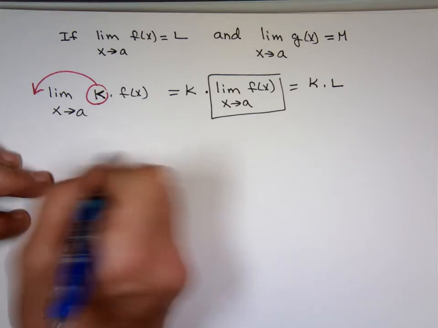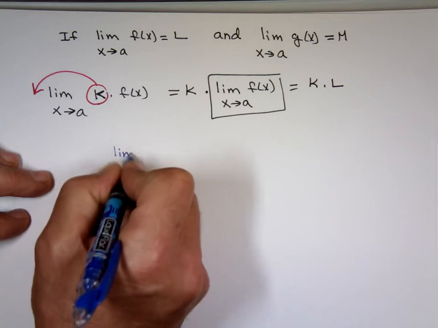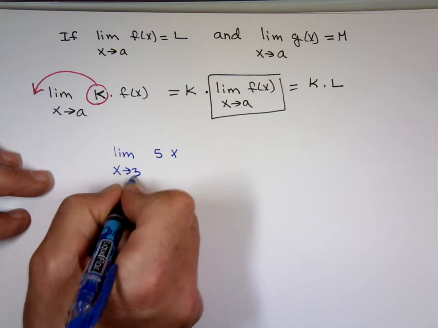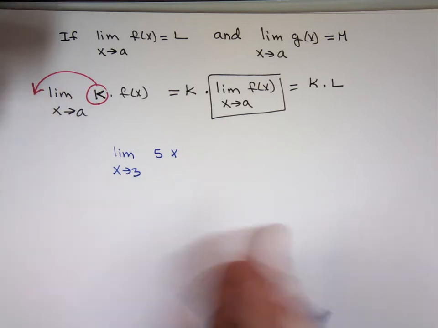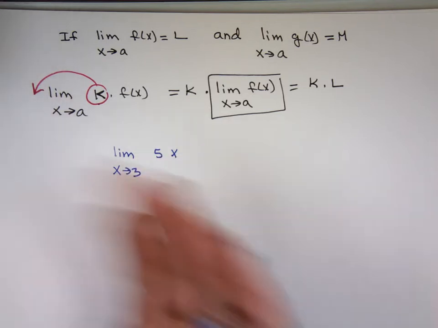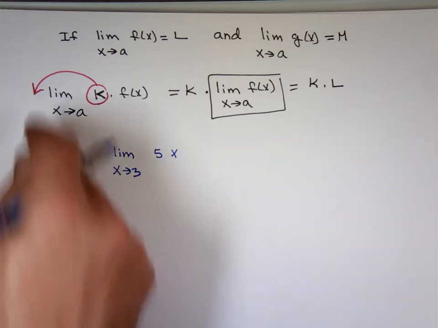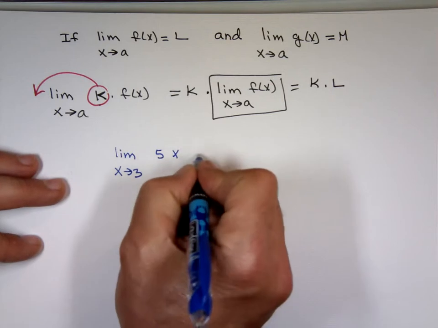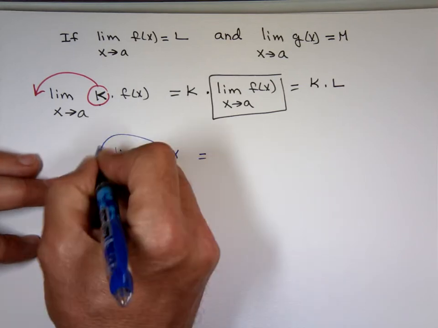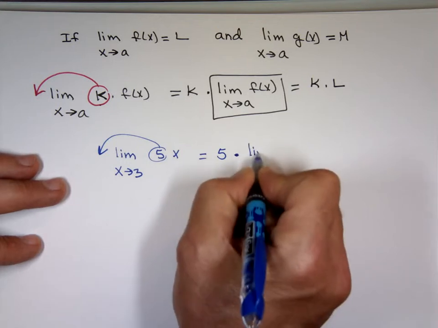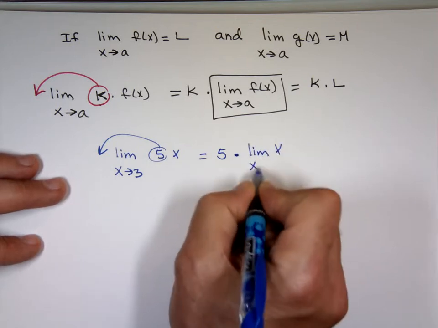So what does that mean? If I said to you, what's the limit of 5x as x approaches 3? Direct substitution is the best way. 5 times 3 is what? 15. But if you don't like that idea, what this rule is saying, take the 5, put it outside: 5 times the limit of x as x approaches 3.